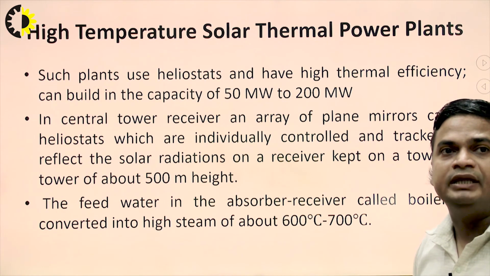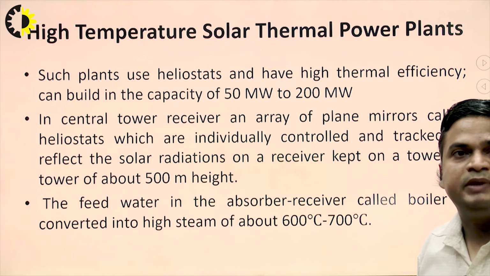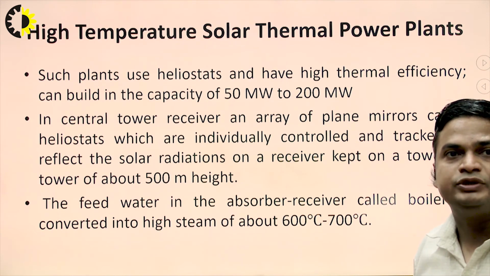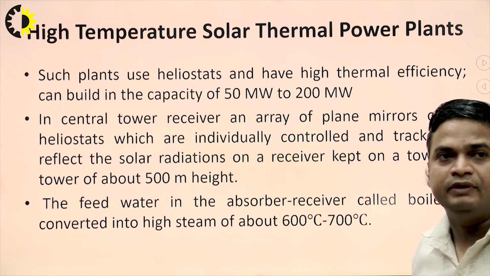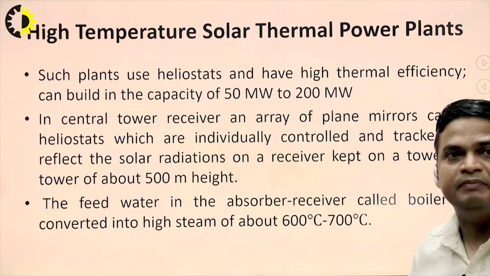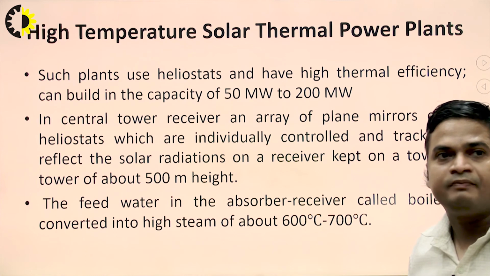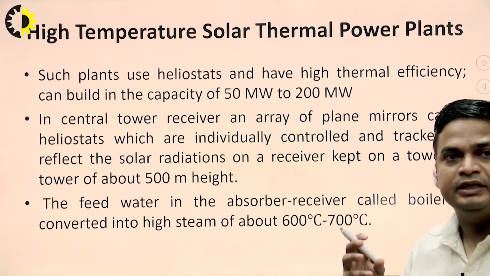Next is the high temperature solar thermal power plants. Such plants use heliostats and have high thermal efficiency, and can be built in the capacity of 50 megawatt to 200 megawatt, which means the range is more than the medium temperature solar power plant. Heliostats are basically mirrors.